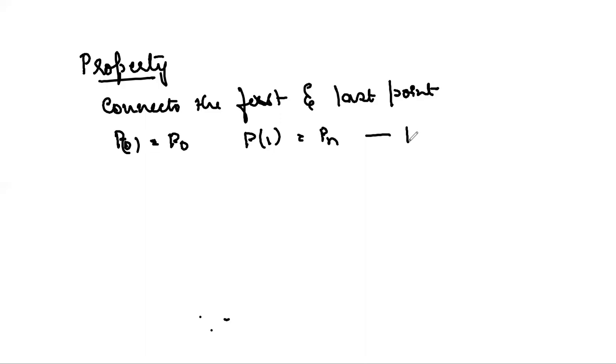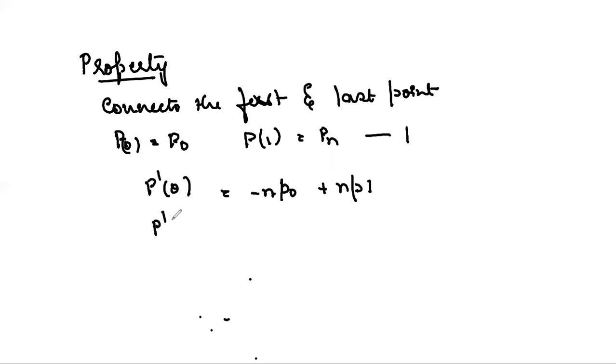The values for the first parametric derivative. Okay, here is the first derivative of a Bezier curve, which can be determined as P dash of 0 is equal to minus nP0 plus nP1.